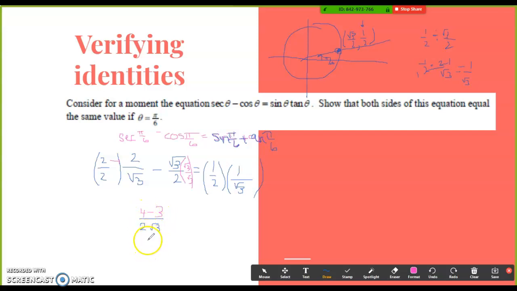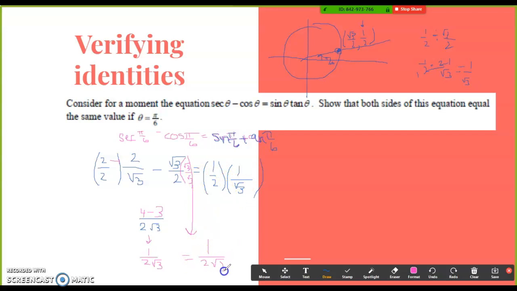I'm going to rewrite this as 1 over 2 radical 3. Over here on the right side, I end up with 1 times 1, which is 1, and 2 times radical 3 is 2 radical 3.